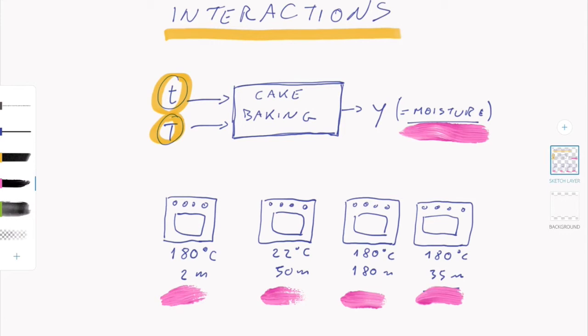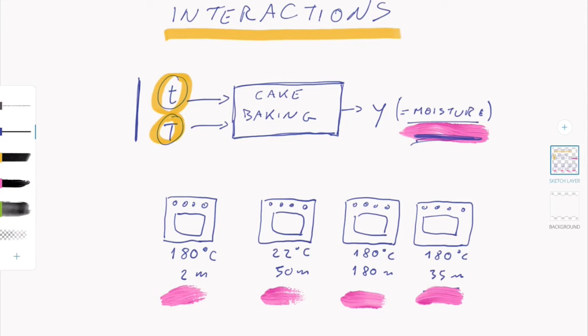And in a very similar way, the effect of time on our process depends on the value of temperature. This is an interaction. Time and temperature, they are both important, but in our process they interact, and their effect on the output, which is the moisture of our cooked cake, depends on the relative values of time and temperature.